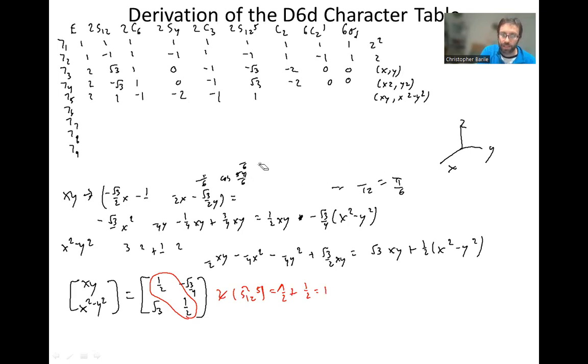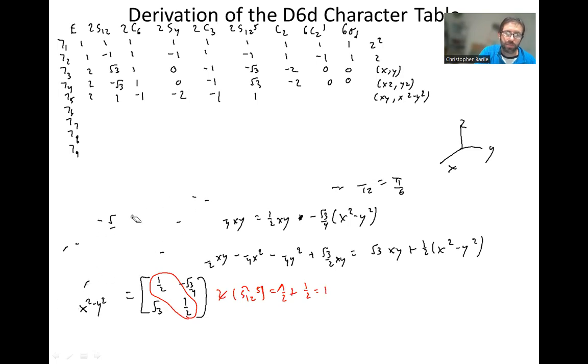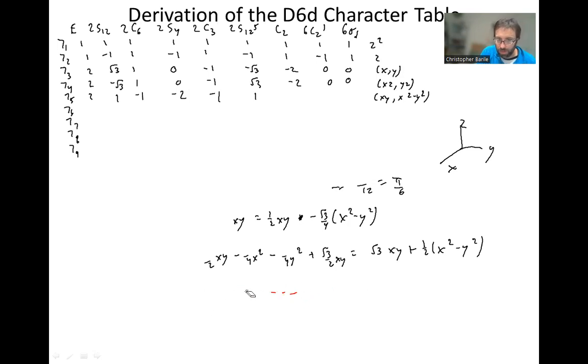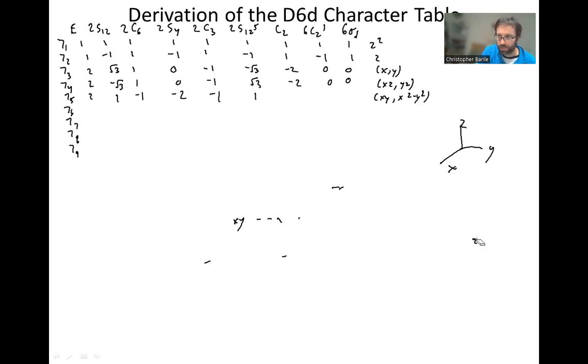Most of the classes in D6d, except for the last two, 6 C2 prime and 6 sigma d, are coincident with the z-axis. So again, we've got a 180-degree rotation we're doing here. We're doing a C2, and so we don't have to do any fancy trigonometry, fortunately. And so the math gets a lot easier, and we'll be able to calculate this relatively quickly.